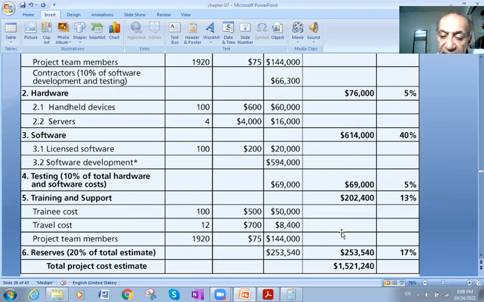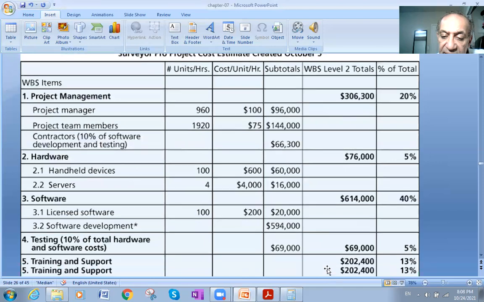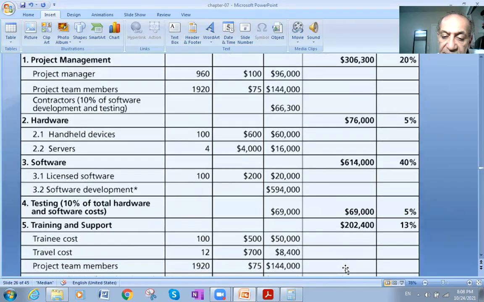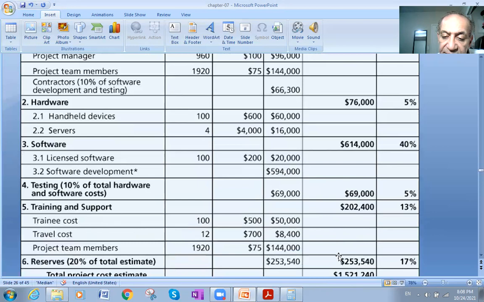When I divide this by the final amount, 1,521,240, it gives me 40%. As you can see, the licensed software and the software development take about 40% of the whole cost of the project.